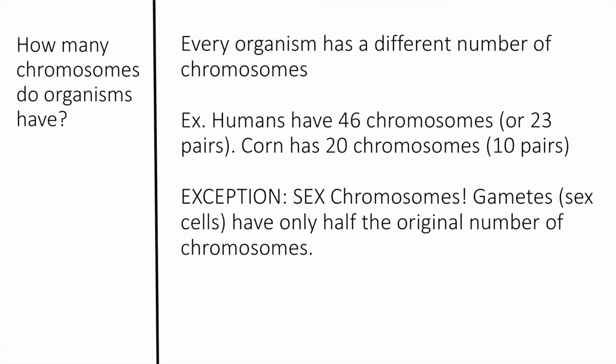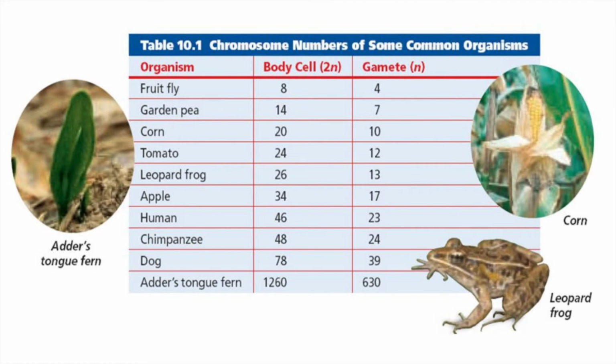The sex cells, or gametes, have only half the original number of chromosomes. And remember, it's because the paternal and maternal must give to the progeny and therefore make the full pair. Here's an example so you can get an idea of how many chromosomes there are.